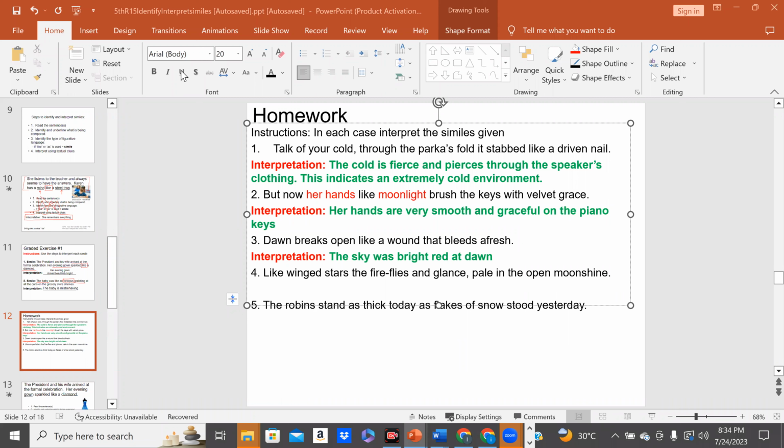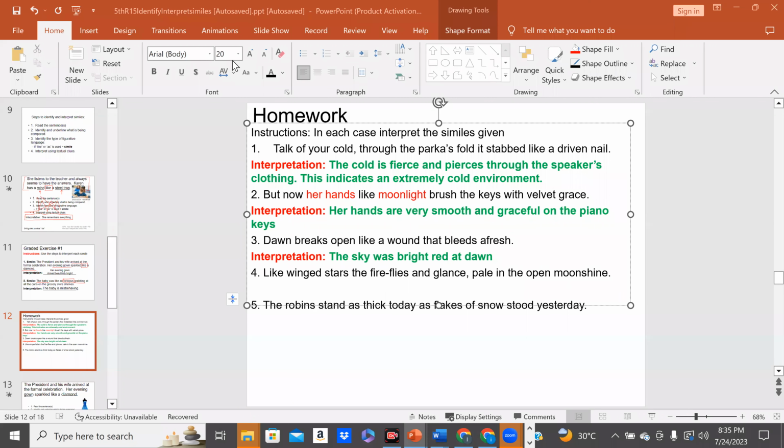Yes, sir. Like winged stars, the fireflies and glance pale in the open moonshine. Very good. Like winged stars, the fireflies, and glance, pale in the open moonshine.